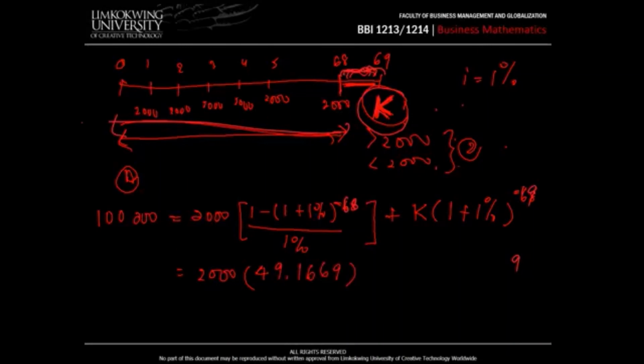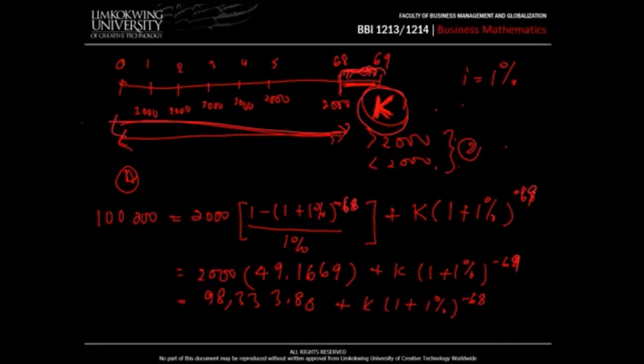Okay, multiply with 2000. So here you got 98,333.80, plus K times 1 plus 1% to the index of negative 68.